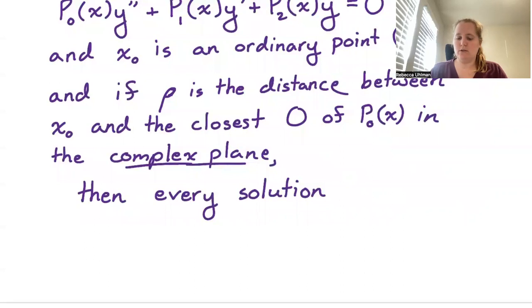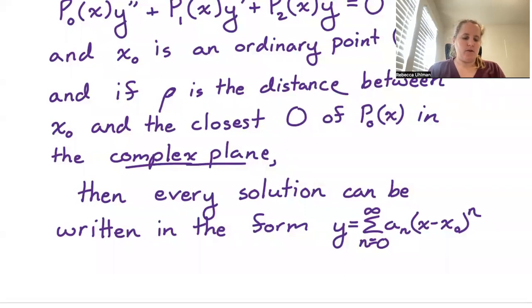So every solution can be written as a power series. I apologize, I need to update my screen. Okay. So every solution can be written in the form y equals the sum from n equals 0 to infinity of a sub n times x minus x naught to the n. In other words, every solution can be written as a power series.